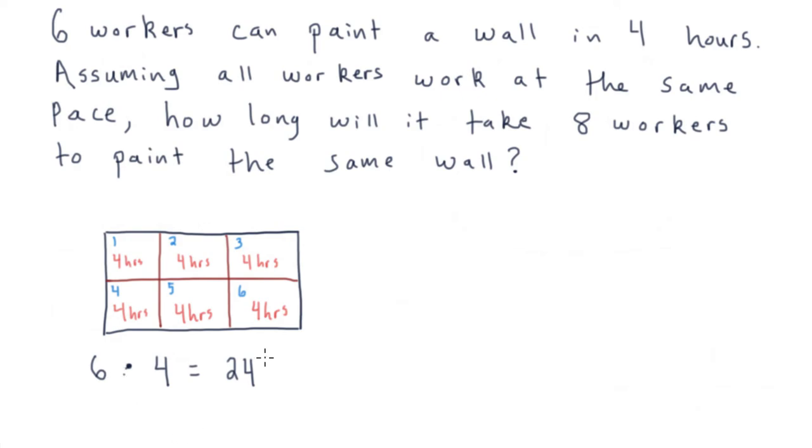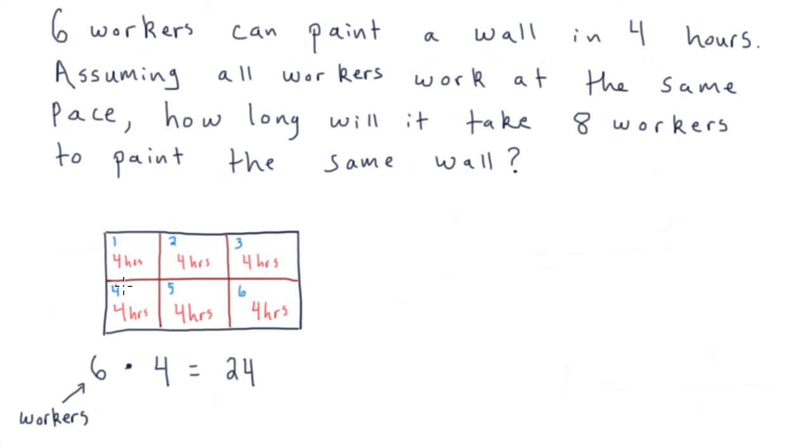And we want to assume our multiplication definition here. So this is really number of workers. So I'm thinking about each worker as being an equal group, or maybe more specifically, each part of the wall that each worker is working on is an equal group.